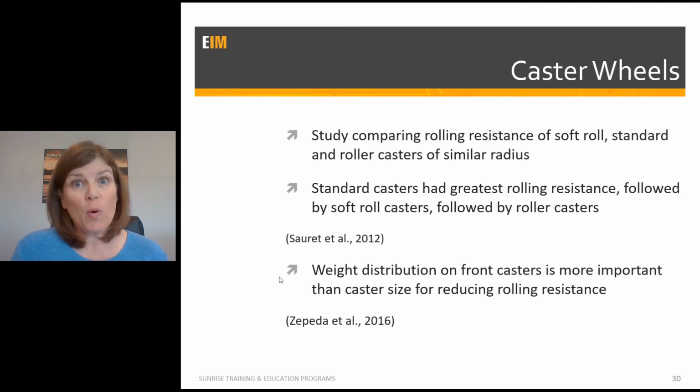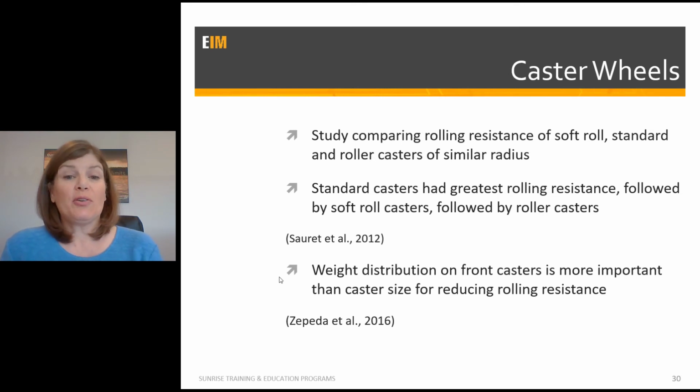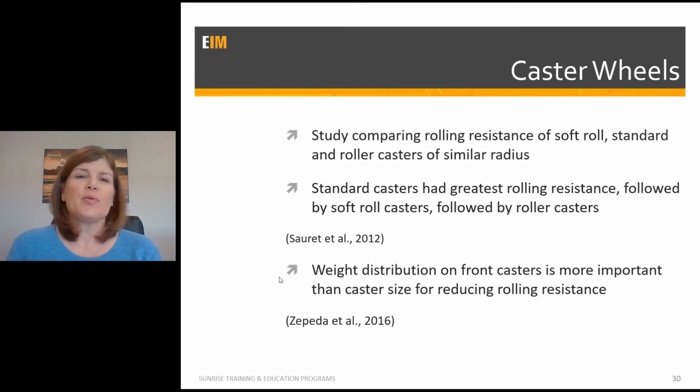The soft roll was sort of in the middle. And your roller caster, so that harder material, had the least rolling resistance. This, of course, would explain why, when a basketball wheelchair is configured, we're seeing these roller casters, because they're going to have the least rolling resistance on a smooth surface.